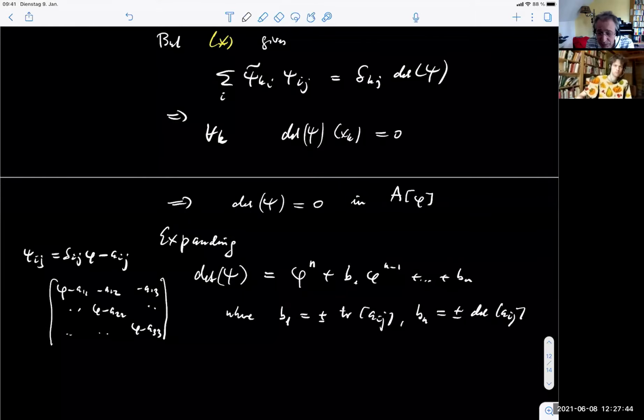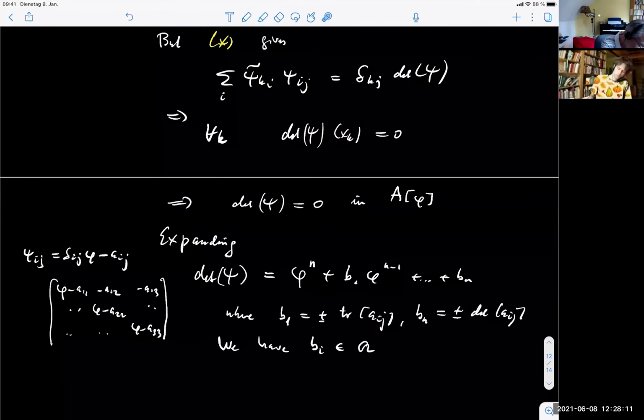But the point is, I claim all these B's lie in my ideal. It's clear for B1, because it's the trace, the sum of the diagonal entries. All the Aij are in I.